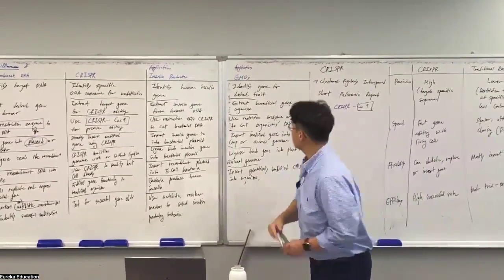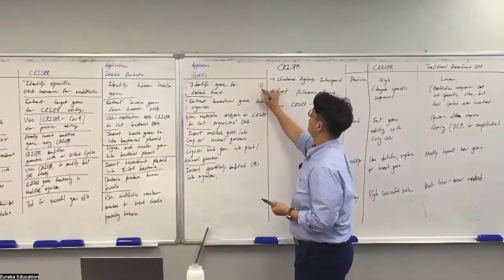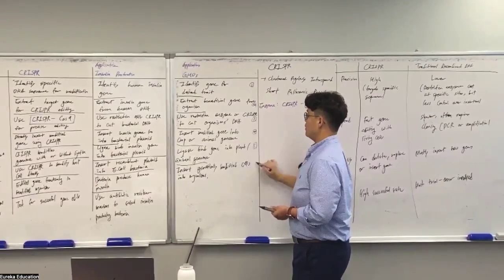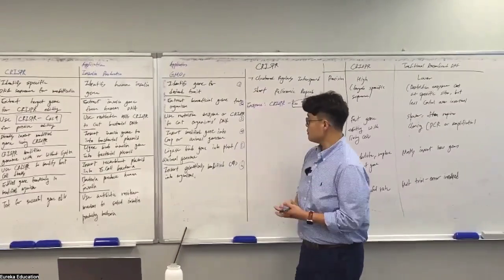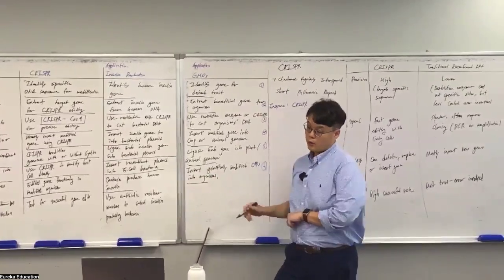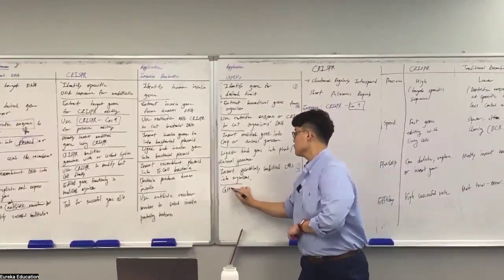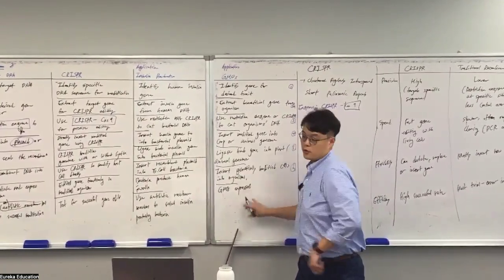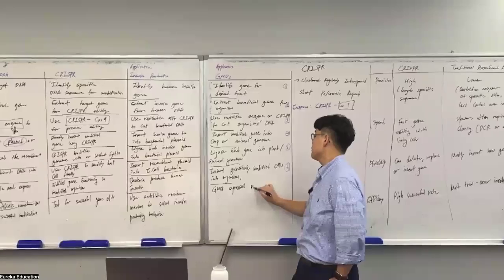So just to show the numbers here, step 1, 2, 3, 4, 5, up to 6 steps. Step 7 is gene expression, and the GMO then expresses the new traits.